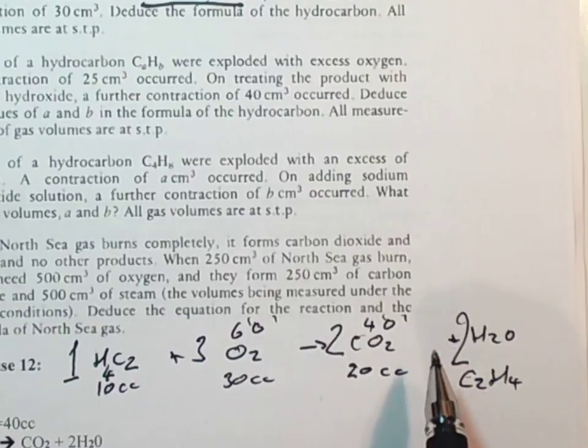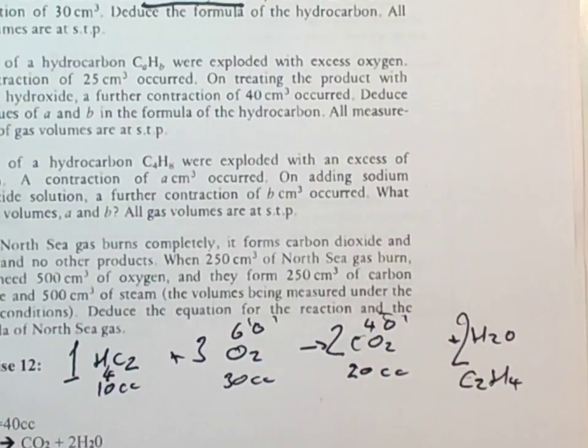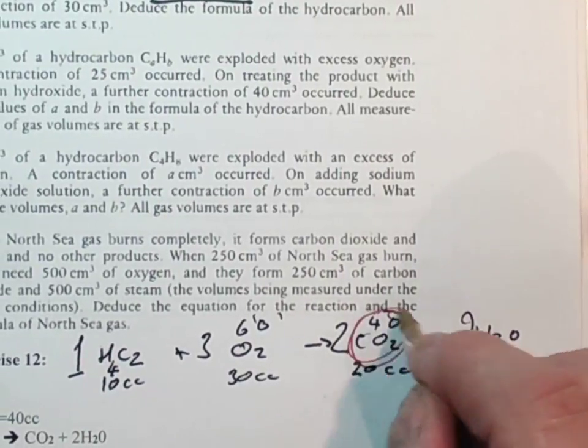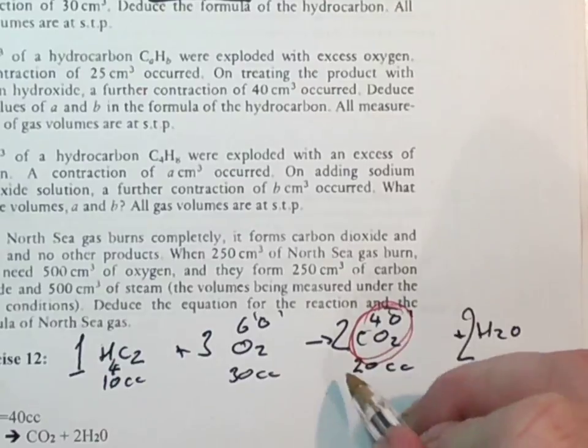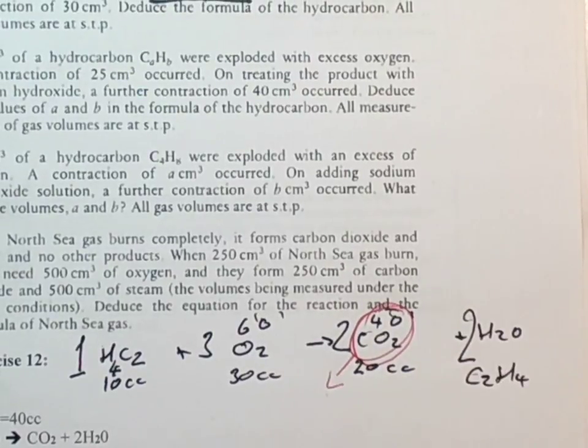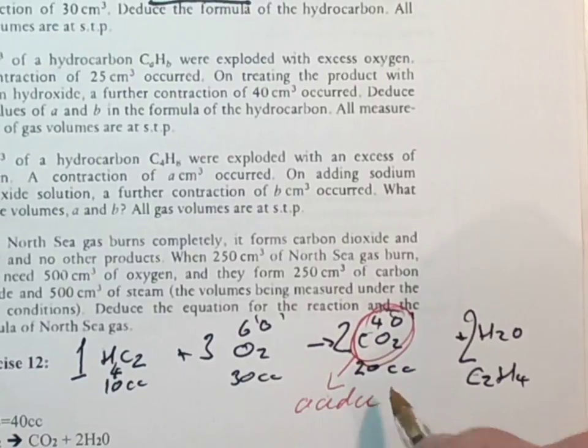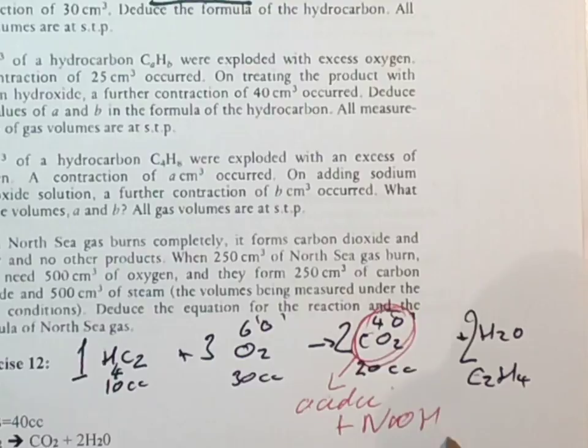Now, sodium hydroxide, you should know, is an alkali. The only substance in here which would react with an alkali, if you remember maybe even from hard water at GCSE, is carbon dioxide, which forms carbonic acid. So carbon dioxide is an acidic gas, and that will react with my sodium hydroxide.